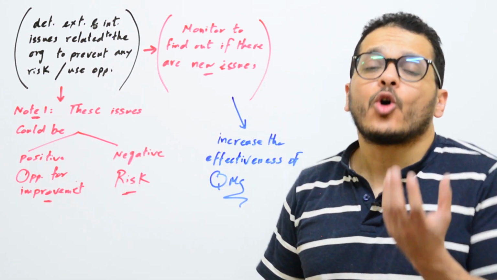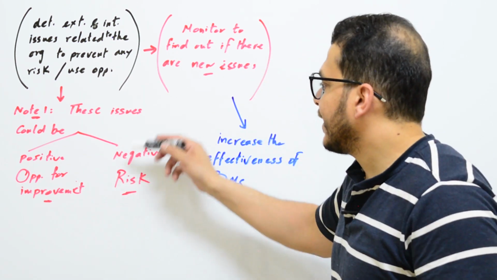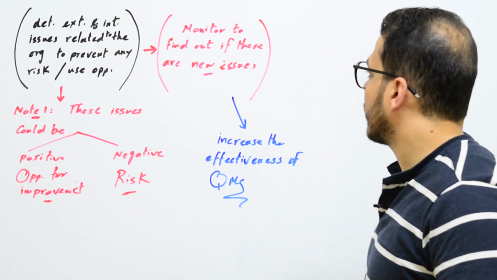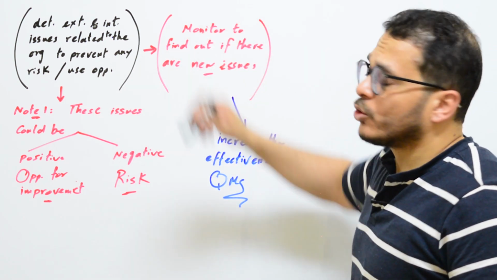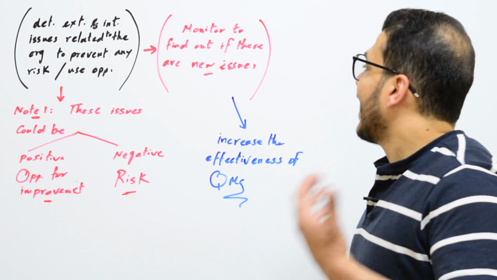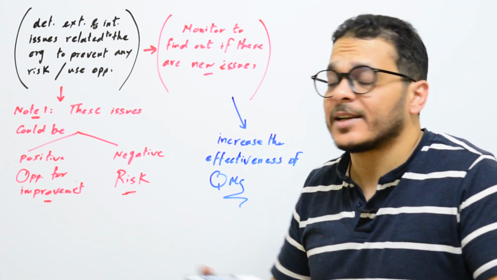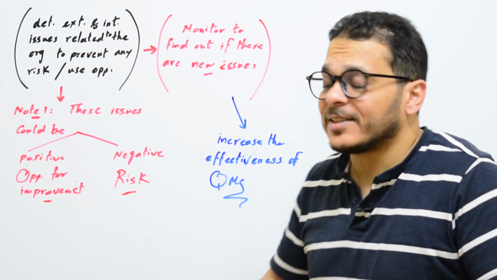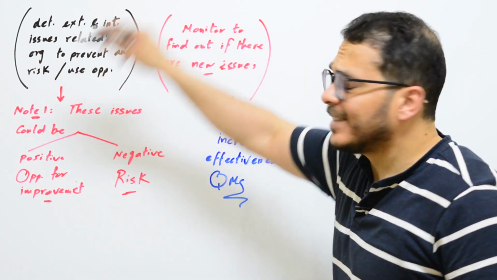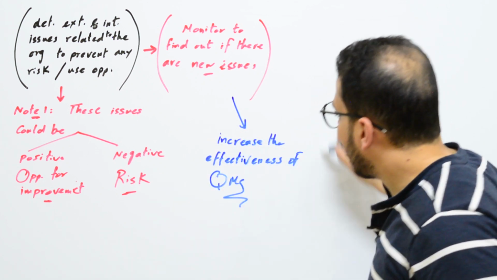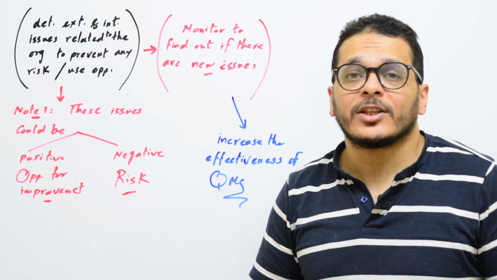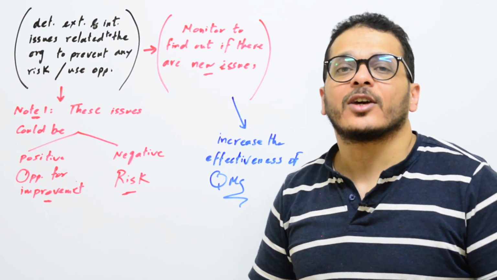Positive, it will be opportunity for improvement, and the negative as a risk that will affect the quality of their products. And after that, during the year, they should monitor to find out if there are any new issues, whether external or internal, that may affect the quality of their products. And if they did this, they will increase the effectiveness of the quality management system, improve the quality of their products and achieve their objectives.